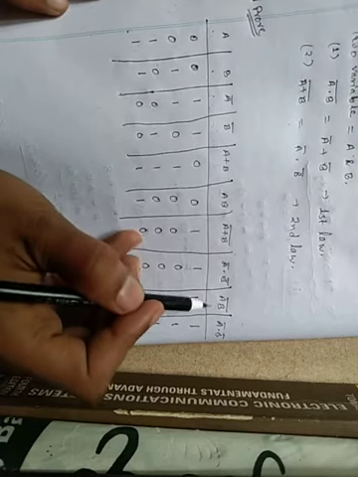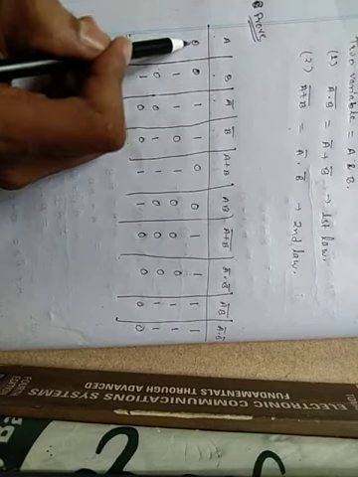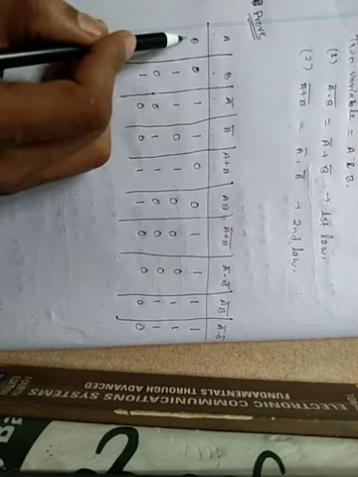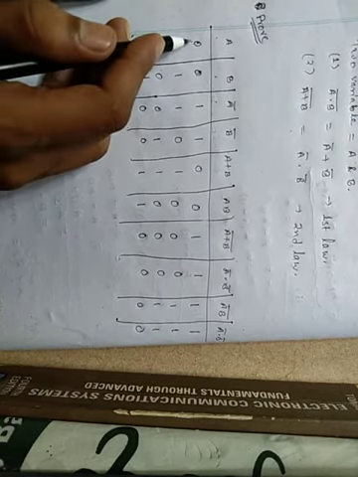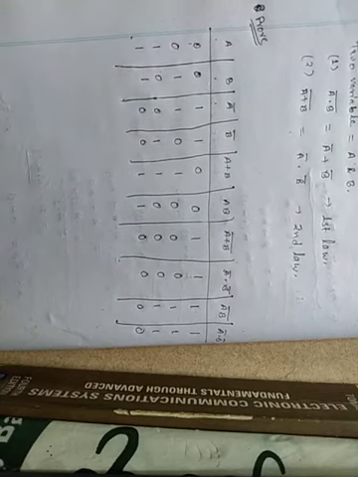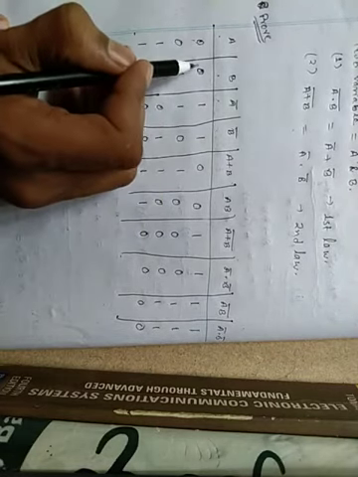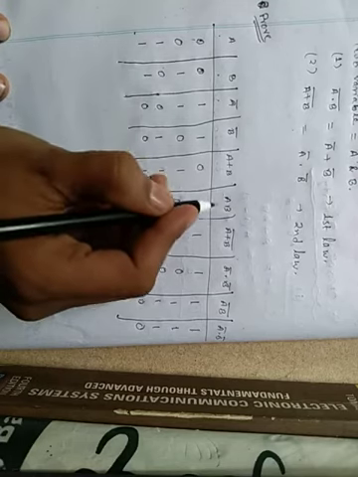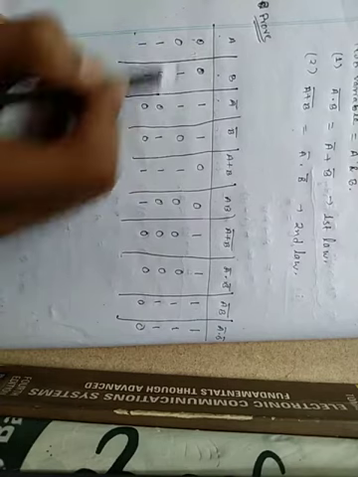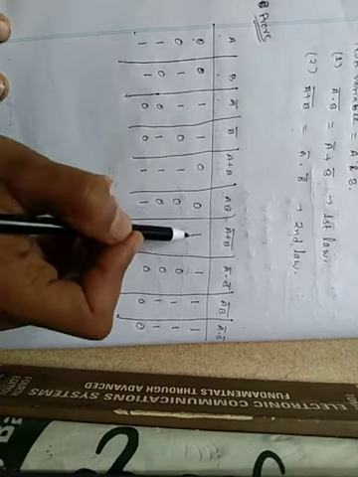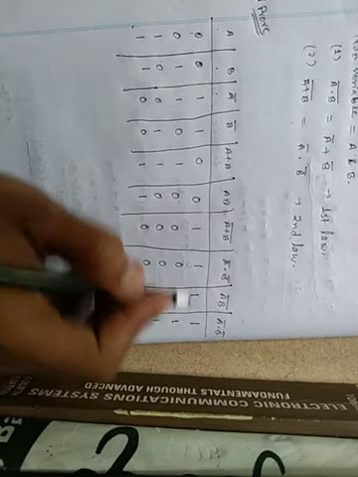A + B = 0 + 0 = 0 and AB = 0 into 0 = 0, and (A + B)' = 1 and A'B' = 1.